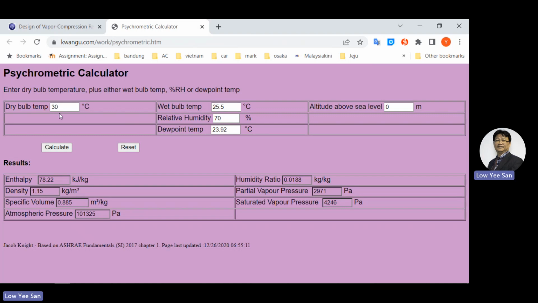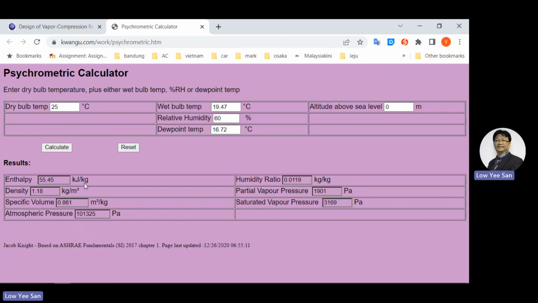You can just input your current temperature and your relative humidity, then calculate, and you get your enthalpy. Now let's say you want to reduce it to 25 degrees Celsius with humidity of 60, let's say. Now it becomes 55, whereas just now it was like 72. So basically you get about 17 kilojoules per kg.